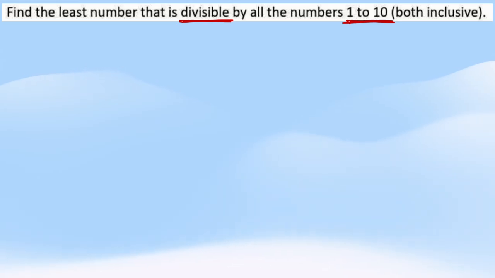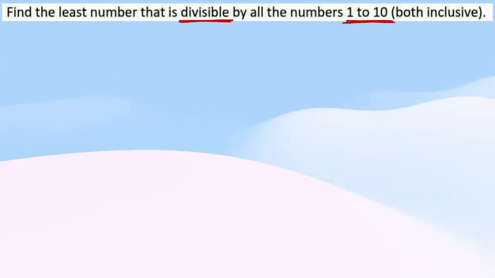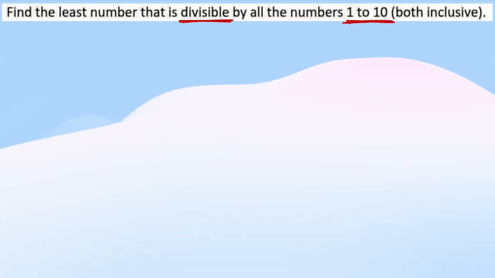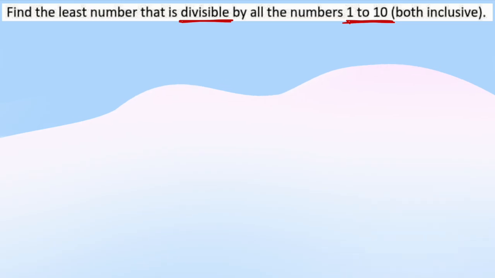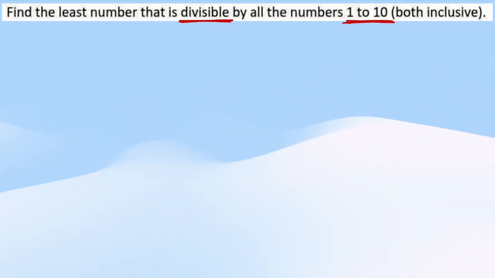Because I am trying to find the number which is divisible by 1, 2, 3, 4, 5, 6, all the numbers till 10. Means I need to find that number which is a multiple of 1, 2, 3, 4, 5, 6. If a number is divisible by all of them, that is a multiple of all these numbers.